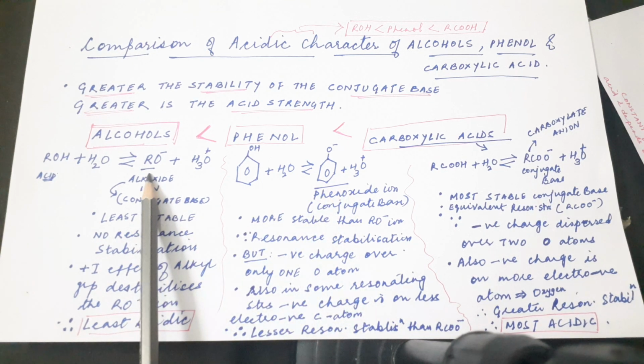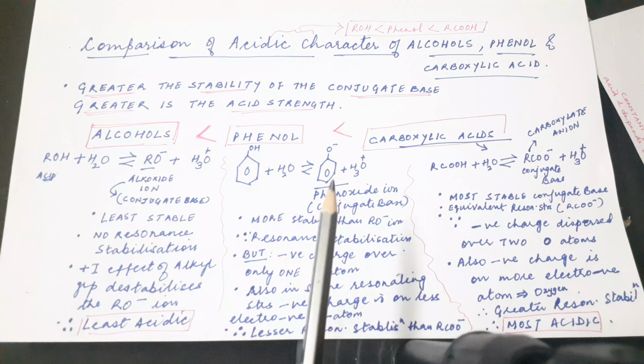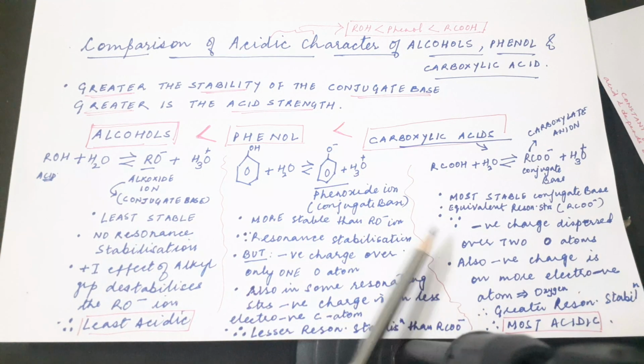As compared to alkoxide, it is more stable because it is showing resonance; alkoxide didn't show resonance. But in comparison to the carboxylate anion, here the negative charge is only localized over one oxygen atom. Also, in some resonating structures of the phenoxide ion, the negative charge is moving on the ring over the less electronegative carbon atom, which contributes to a lesser extent with respect to resonance stabilization.